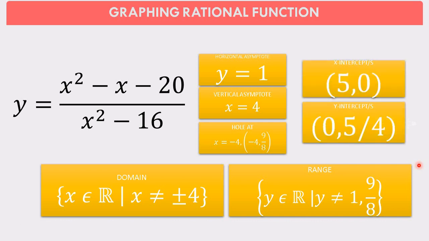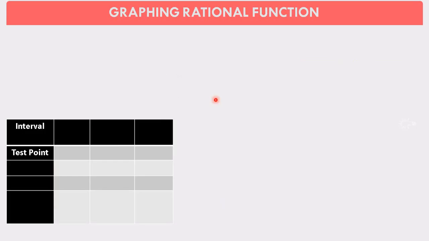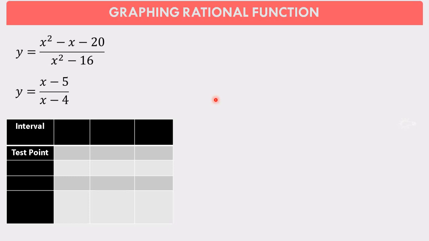So we have the information, and before we graph, we will construct a sign table. Since it is reduced to y equals x minus 5 over x minus 4, we have two critical values, x equals 5 and 4. So we have three regions: x less than 4, x between 4 and 5, and x greater than 5.